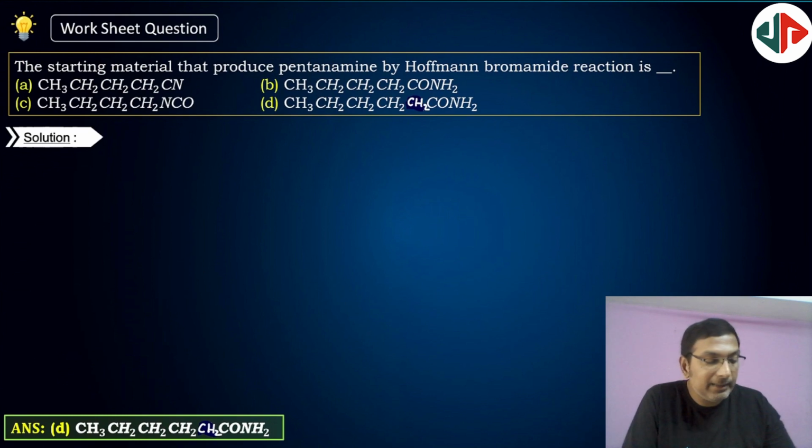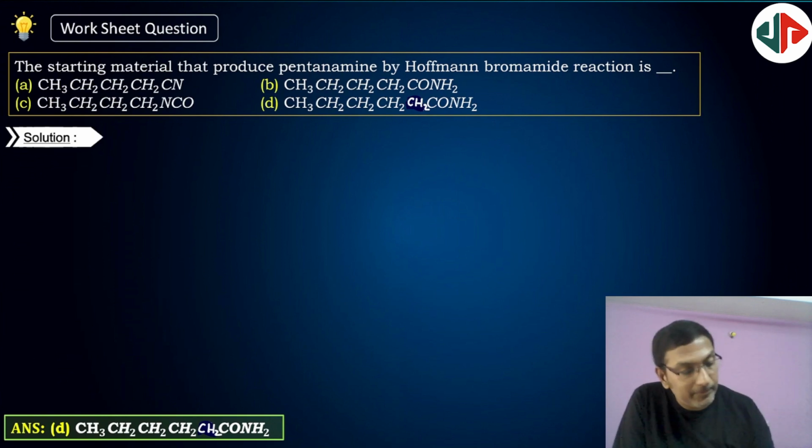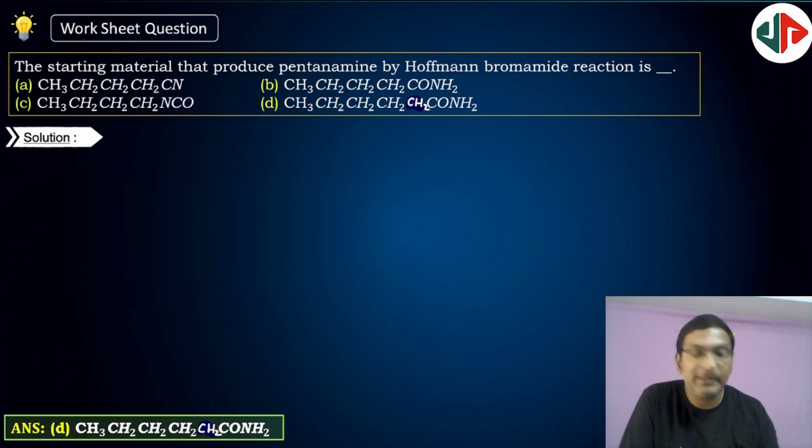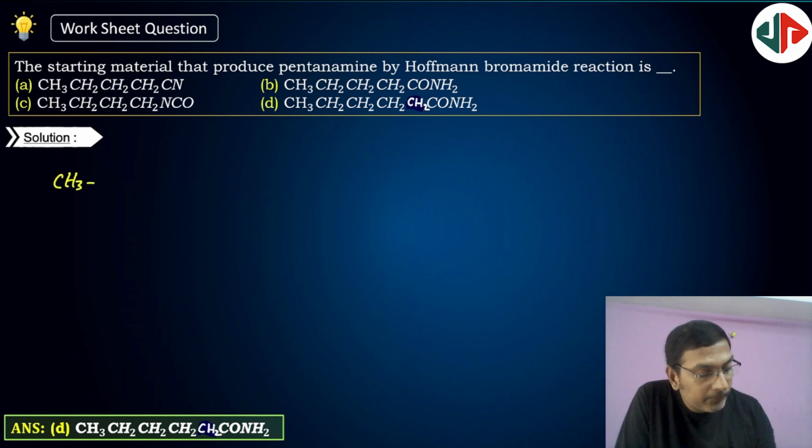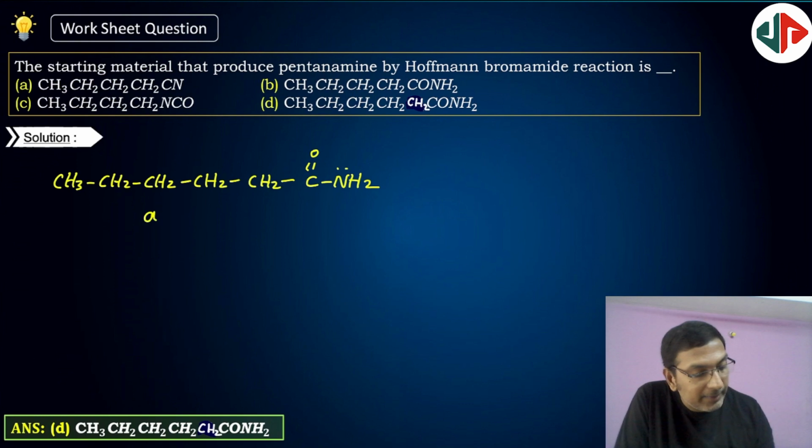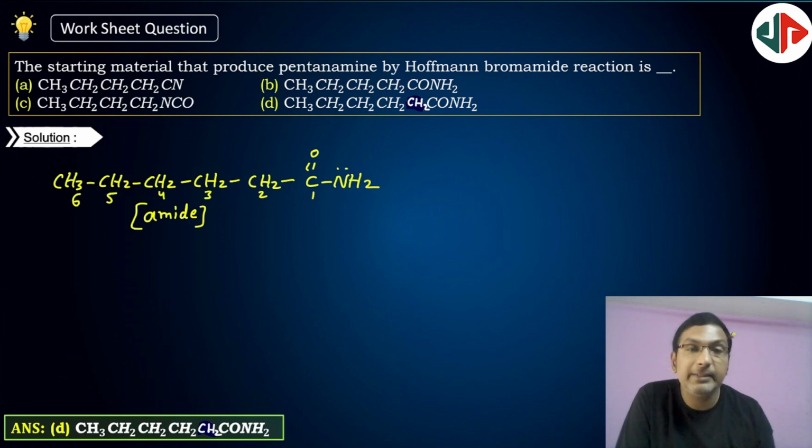Next, the starting material that produces pentanamine by Hoffman bromamide reaction. So pentanamine means 5 carbons must be there. So we should take 6 carbon containing compound, that means CH3CH2CH2CH2CH2, 5 carbons, and the last one must be CONH2. So this one amide functional group. So total 6 carbons.